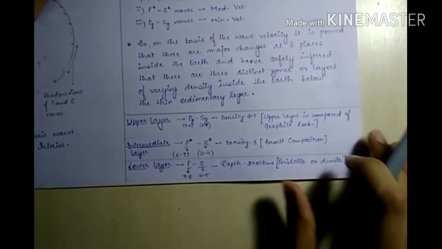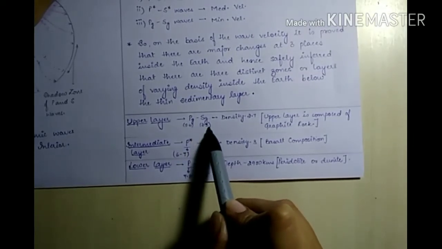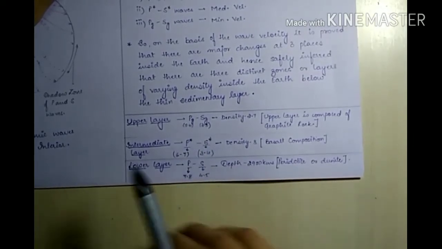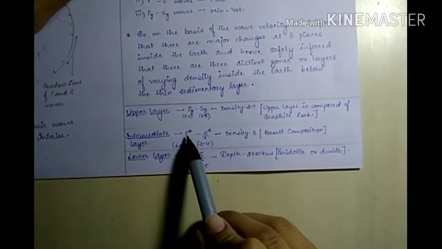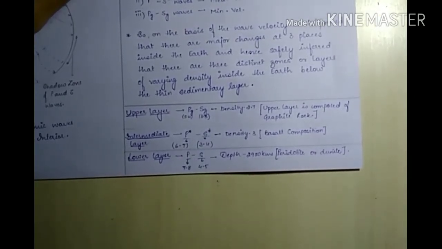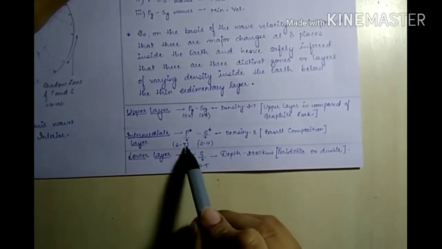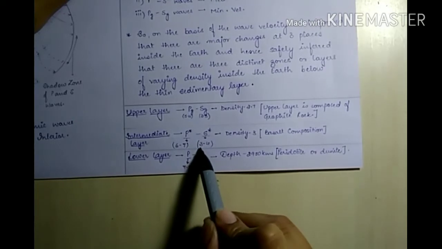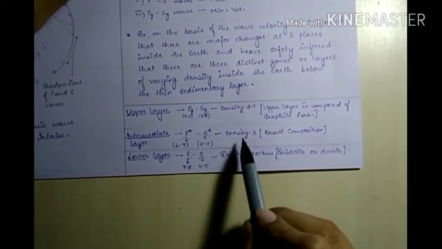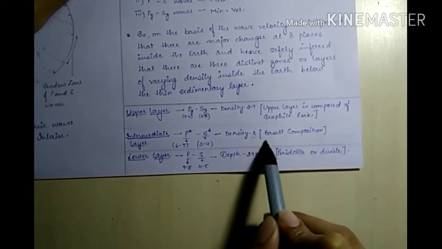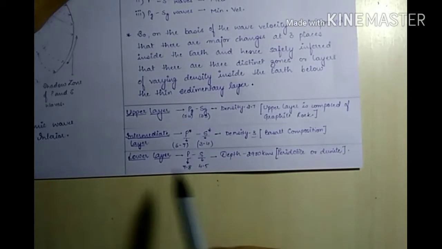Their velocity is 5.4 km per second and 3.3 km per second respectively. In intermediate layer, there were P star and S star waves. Okay, so P star's velocity was 6 to 7 km per second and S star's was 3 to 4 km per second. The density was calculated to be 3 and the composition was considered to be basalt.